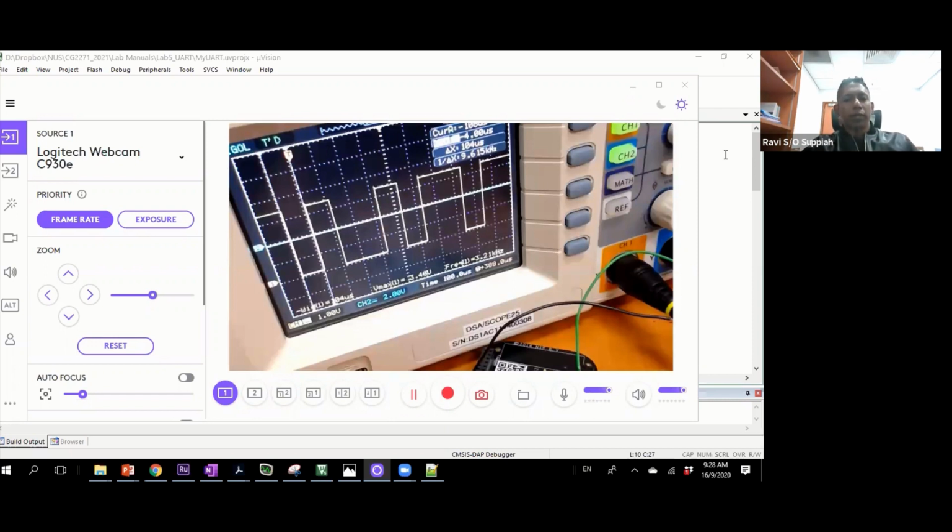All right, so the reason why we need the 7805 is your BT06 requires at least 3.6 volts and above to work. Okay, 3.6 to 6 volt. Your board here only has 3.3 volts. All right, so it's not enough to power the BT06. All right, so that's why we are using the 7805.